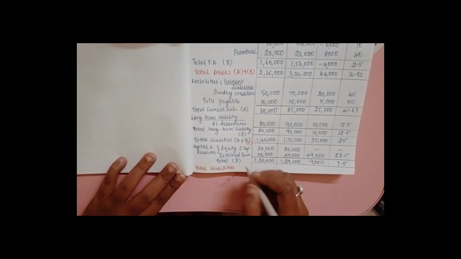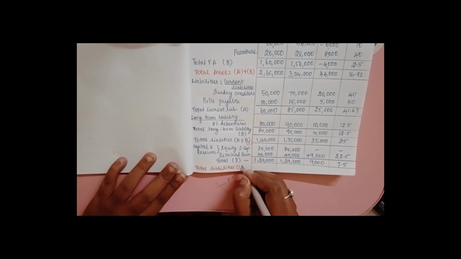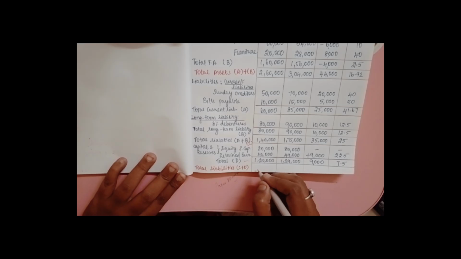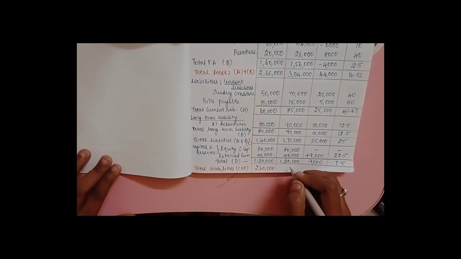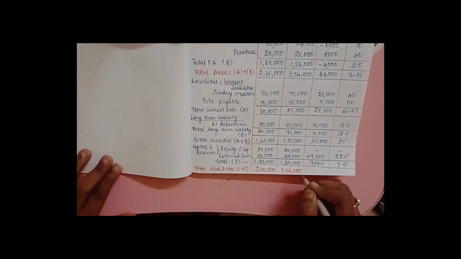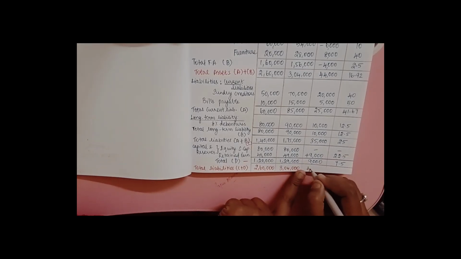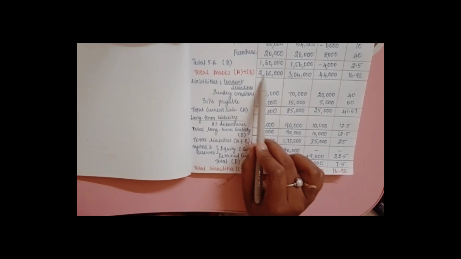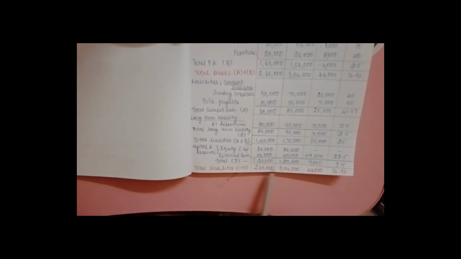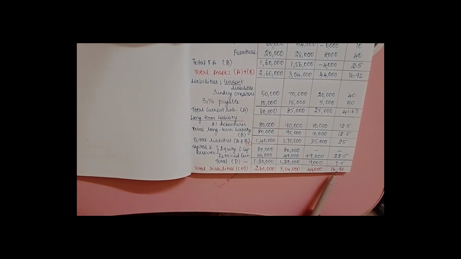Let's mark this as C and this as D. So it is C plus D, which is 2,60,000 and 3,04,000, and there is an increase of 44,000 and the percentage would be 16.92. When your total assets and total liabilities come out the same, then you can very clearly state that your problem is correct.